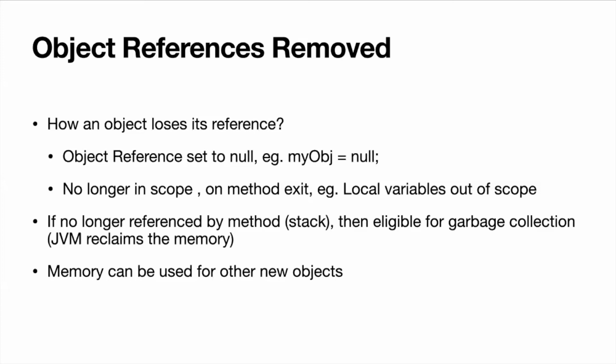Particularly for local variables, once the local variable is out of scope, the memory in the heap is now eligible for garbage collection. It's not referenced by anything else. So if it's no longer referenced by the method, then the garbage collector, when it runs, will release that memory so that when another object is created, it will use that memory, and that address will be passed on to another object reference.